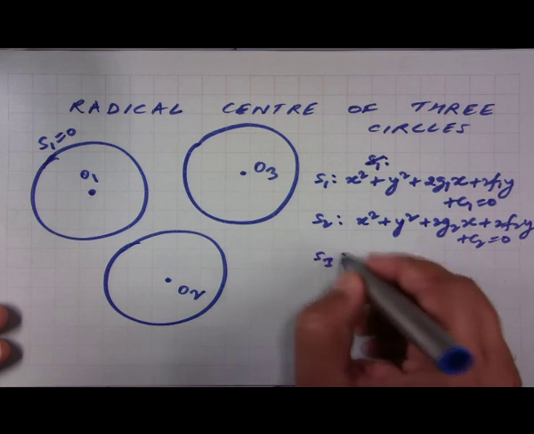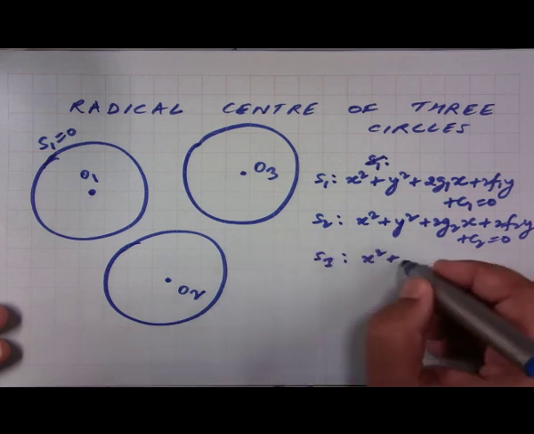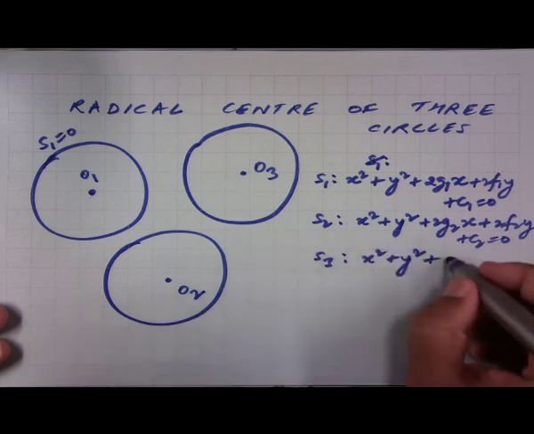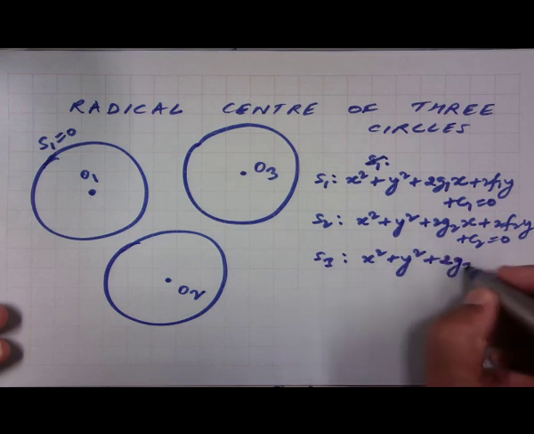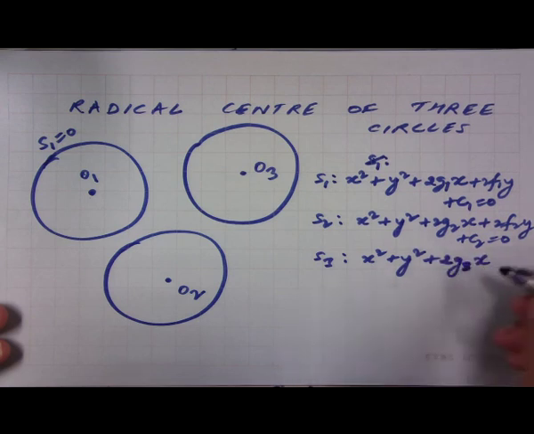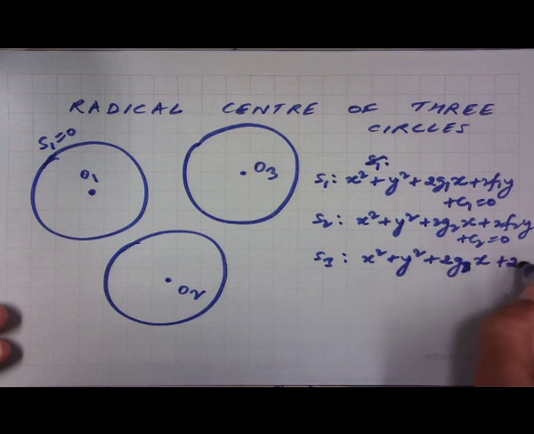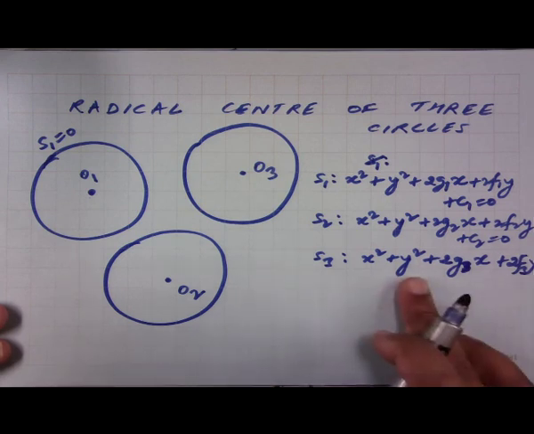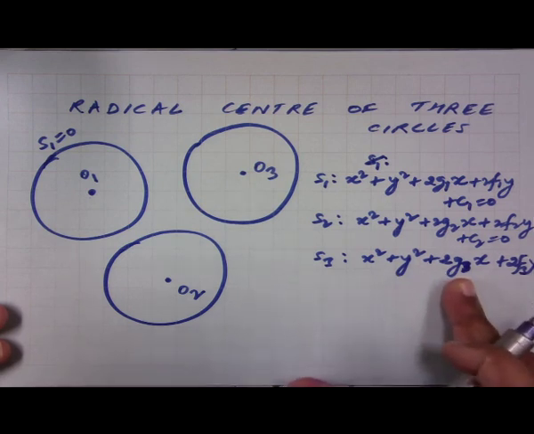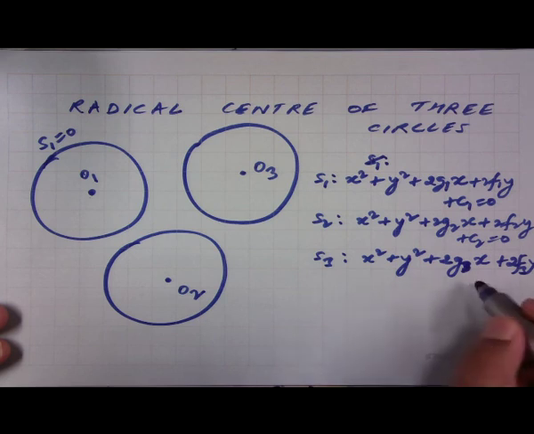And for the third circle, x square plus y square plus 2g3x plus 2f3y plus c3 equals 0.